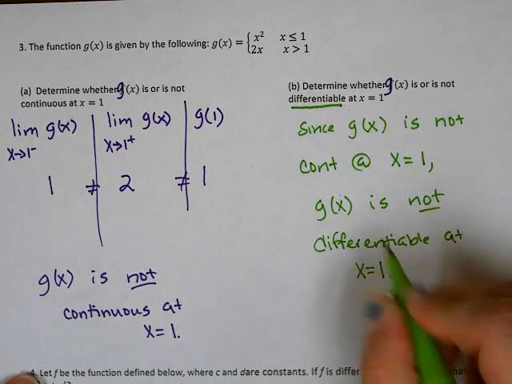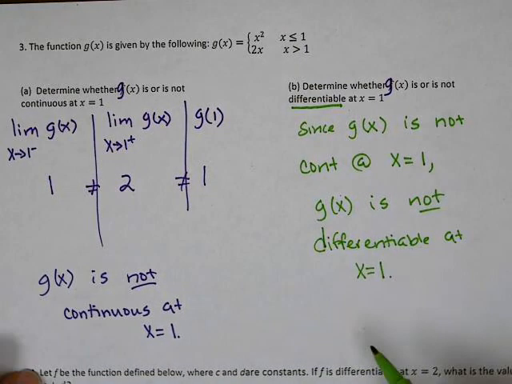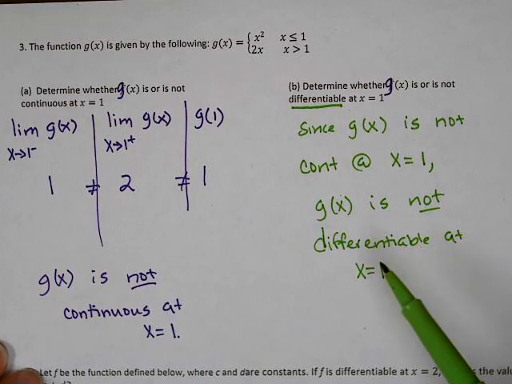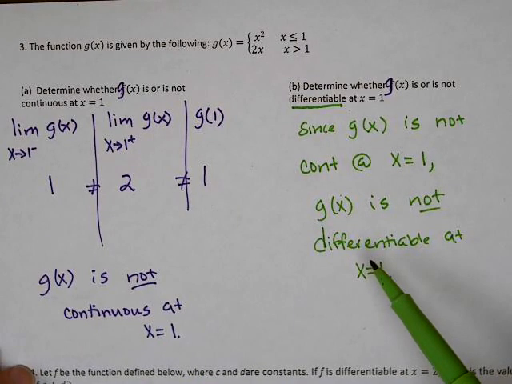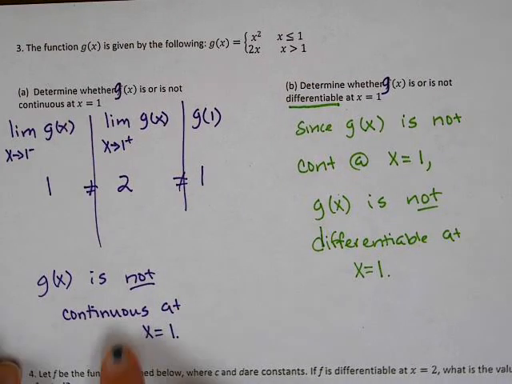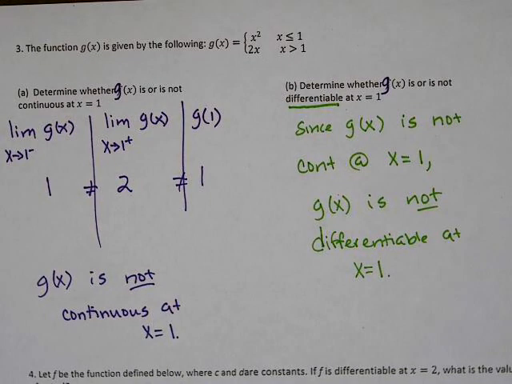And we don't even have to check anything, okay? Because if it's not continuous, then it can't be differentiable, right? One of our reasons that we said it might not be differentiable is because of a discontinuity. Well, if it's not continuous, it has a discontinuity, so it cannot be differentiable.